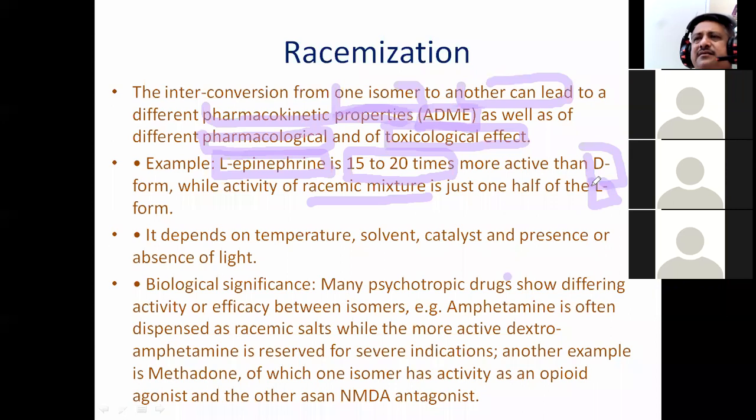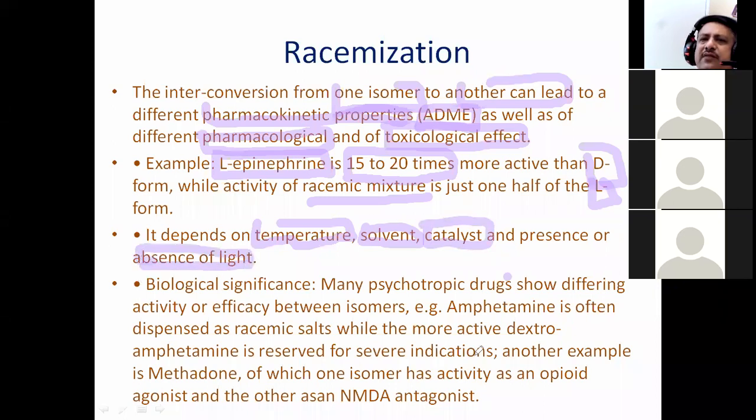So that's the reason we should know which enantiomeric form is active, which will give us a more therapeutic effect, and not only the desired therapeutic effect, but it should also be safe as well as stable. Now these properties of a racemate depend mainly on the temperature, solvent, the catalyst if present, and the presence or absence of light.